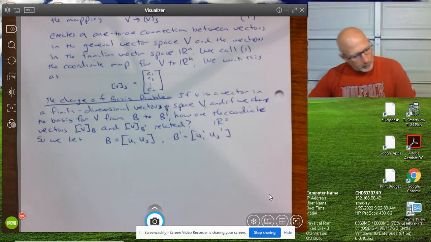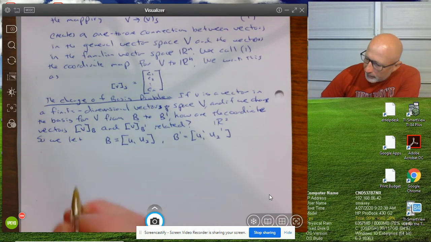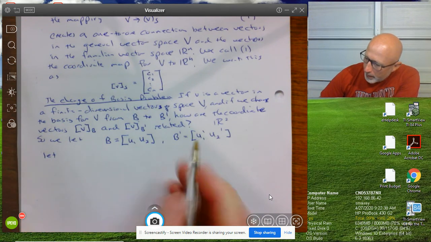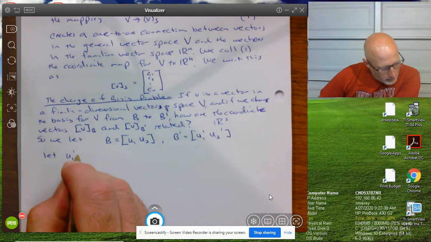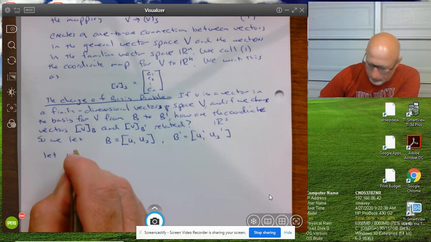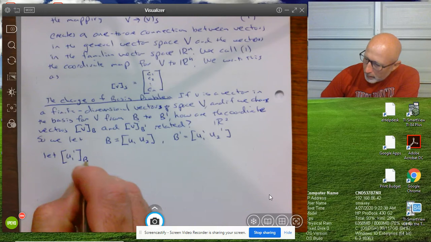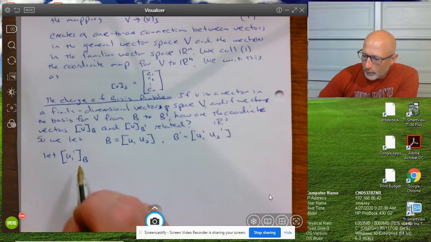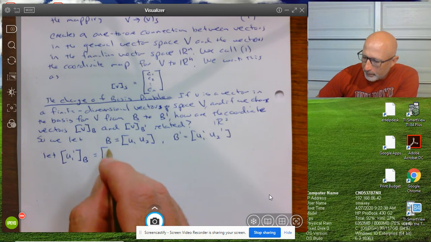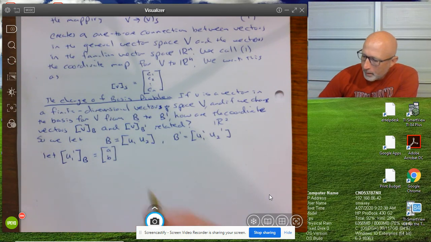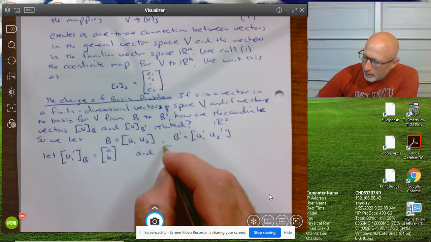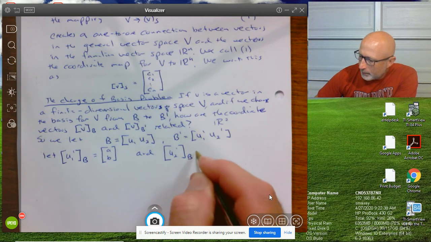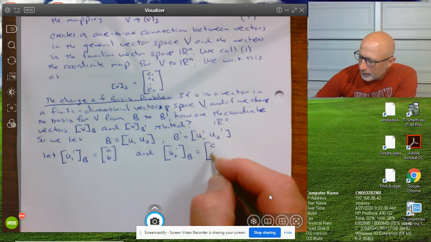So I'm going to let U1 prime under the basis B be the vector AB. It is in B prime first, and we transfer it over to the basis B. And the vector U2 prime under the basis B is going to be the vector CD.